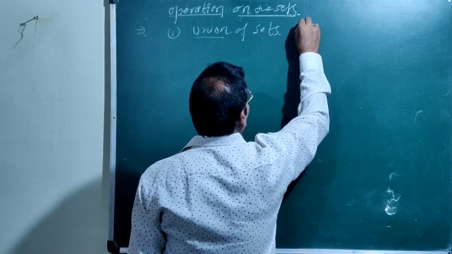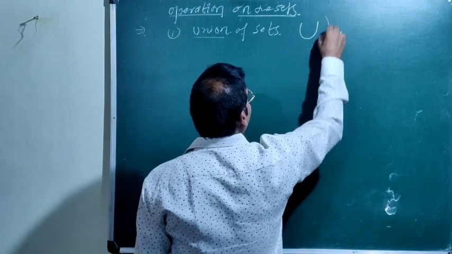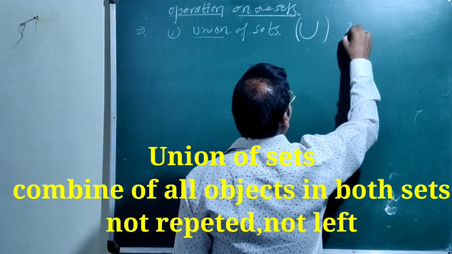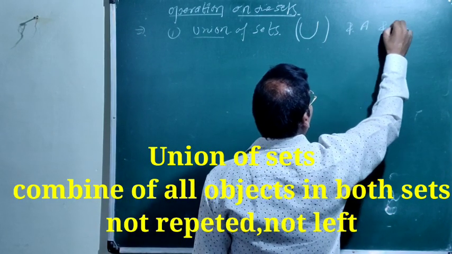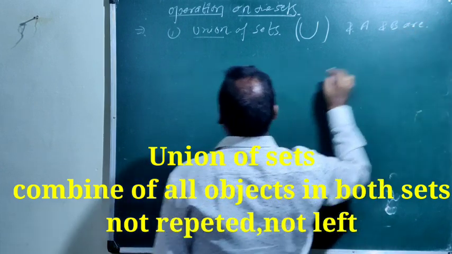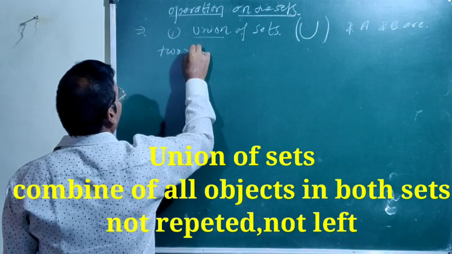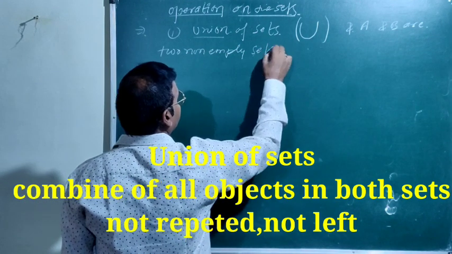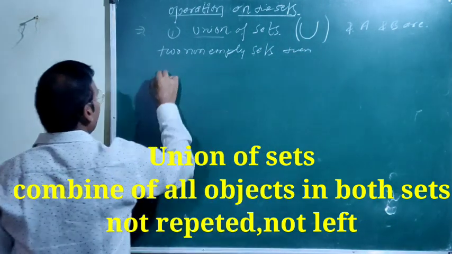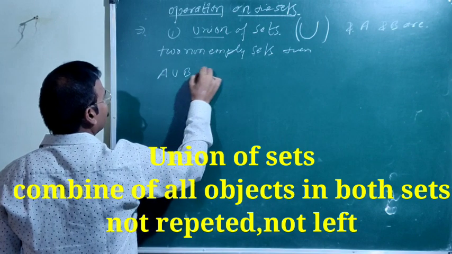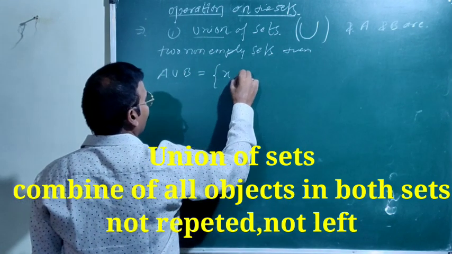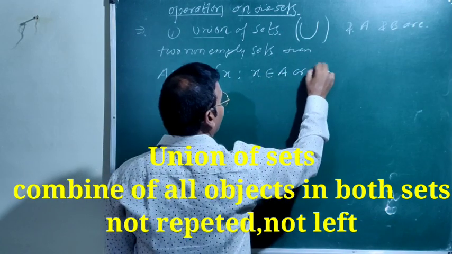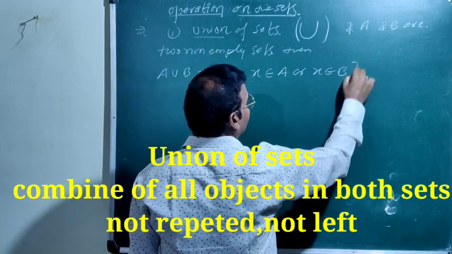For union we can use this notation. If A and B are two non-empty sets, then A union B is equal to X where either X belongs to A or X belongs to B.